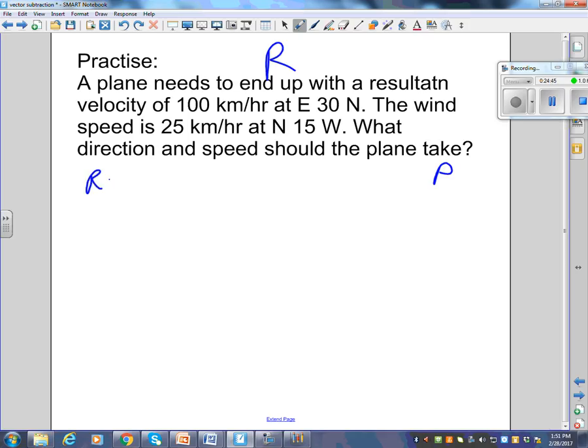Start with R equals P plus W. Resultant is plane plus wind. Start with that, because then you can show me that this is vector subtraction, because I'm solving for the P vector. When I isolate P all by itself, the W goes to the other side. What does it become, Zane?